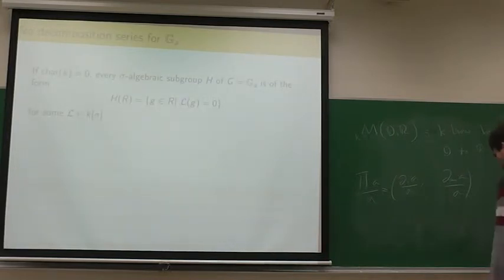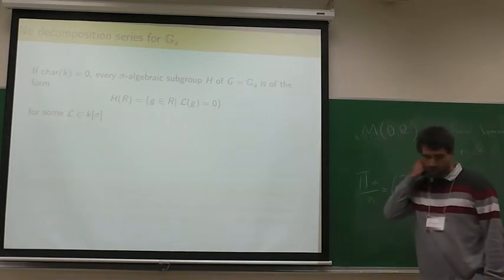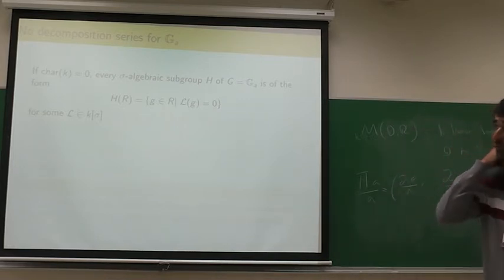So if you try to naively translate the Jordan-Hölder theorem to difference algebraic groups, you see quite fast that it does not work directly. If you look at G_a as a difference algebraic group, you can see that it does not have a decomposition series.